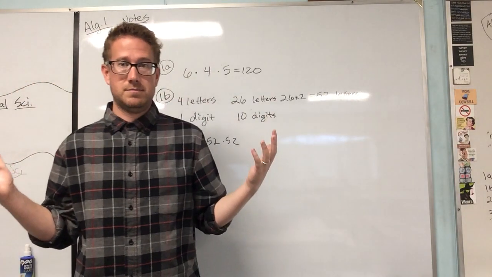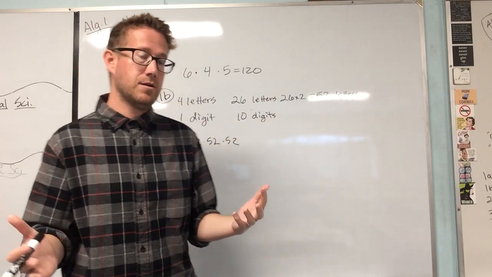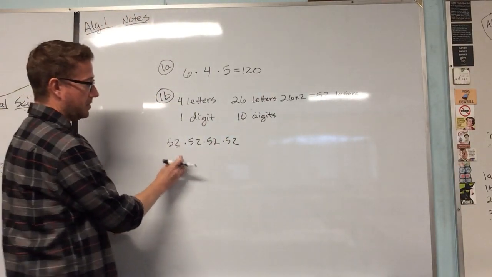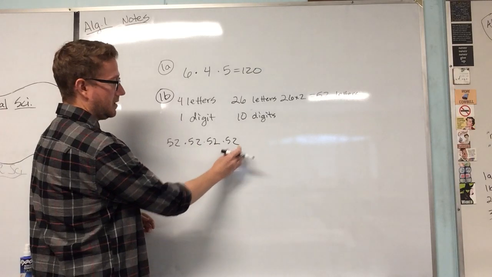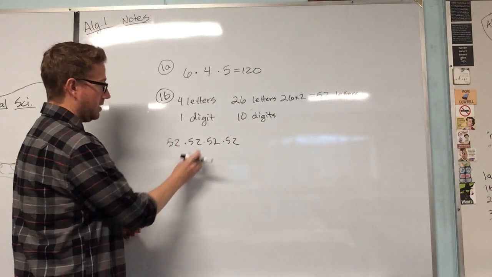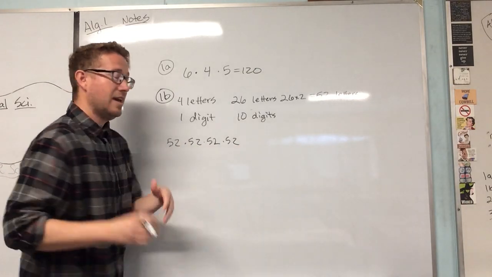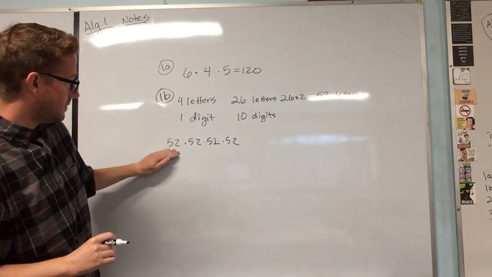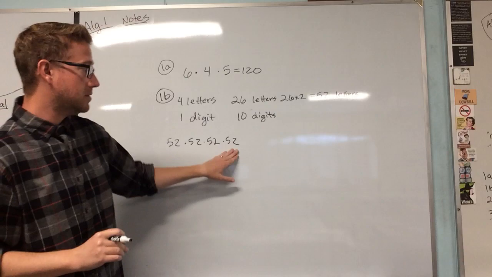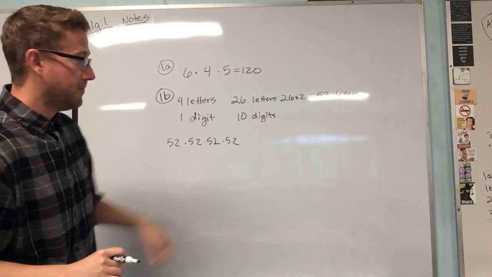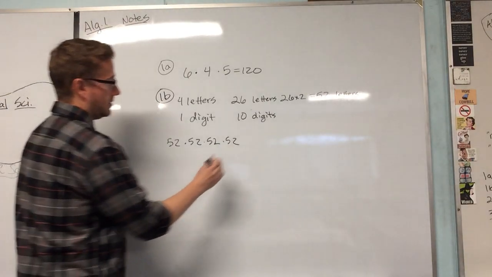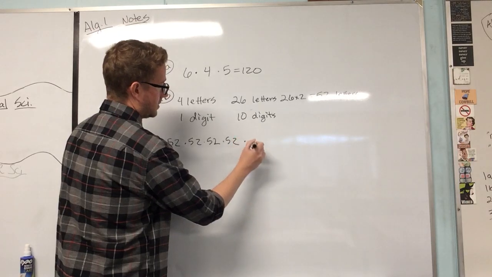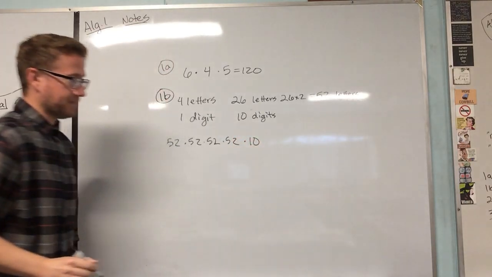you could pick any letter. So you could double up on letters. So you could have a capital A, capital A, capital A, capital A, or lower a, lower a, lower a, lower a, and that goes all the way through the entire alphabet. So that's why you have to do 52 times 52 times 52 times 52, and then you're going to take that answer times 10.